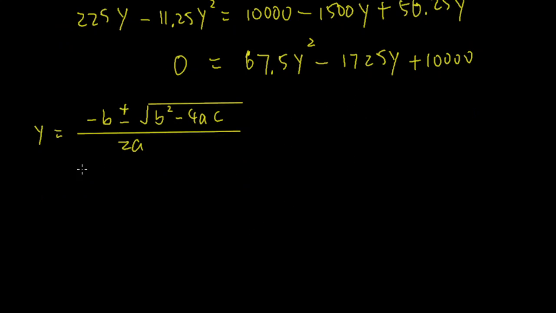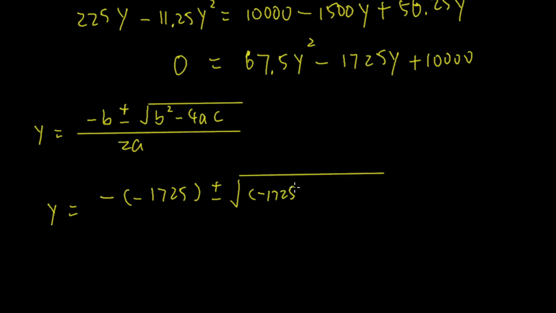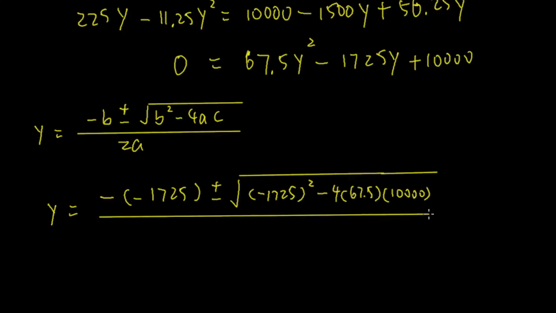Let's do this. So y is equal to negative 1725 plus or minus the square root of b squared, which is negative 1725 squared, minus 4 times a, 67.5, times c, 10,000, all divided by 2a, 2 times 67.5.